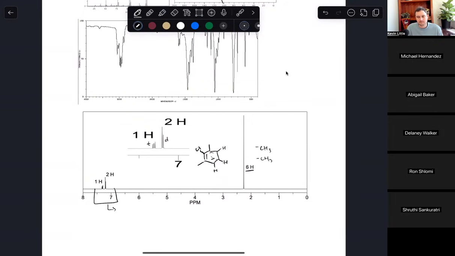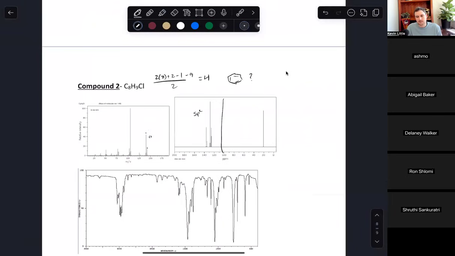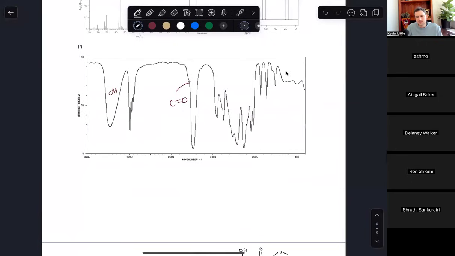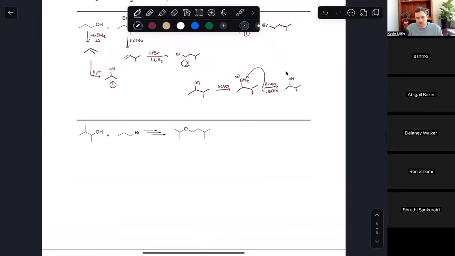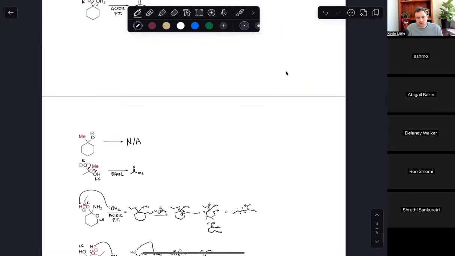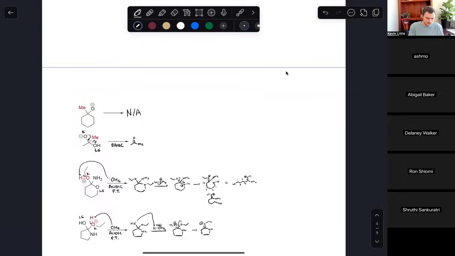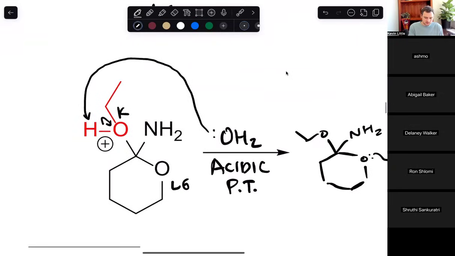Yeah, I have a question. What's up? Is it possible for anything with a positive charge to be a leaving group? There was a question earlier that had one like that. So yes. So like here, this was my leaving group, even though it has a positive charge on it right now.